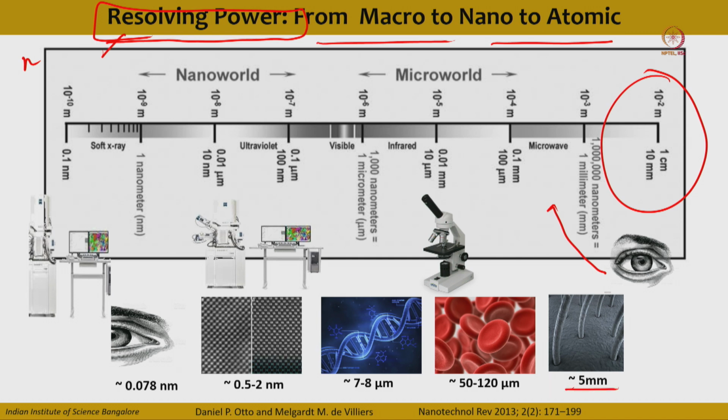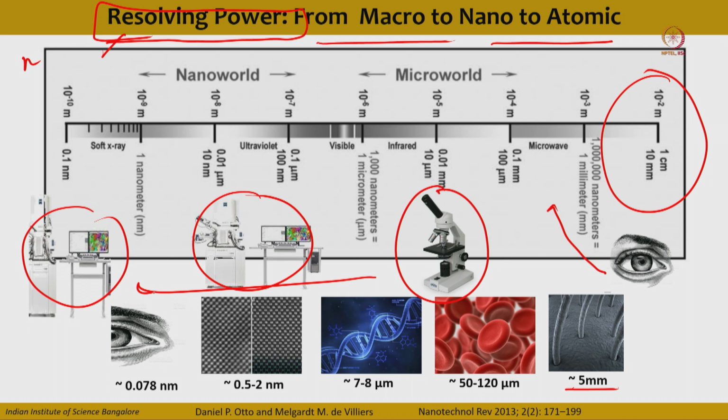And we use optical microscopes or electron microscopes based on the resolving power we want. Optical microscopes use light, which has a much higher wavelength, so based on the wavelength you can resolve the required features.